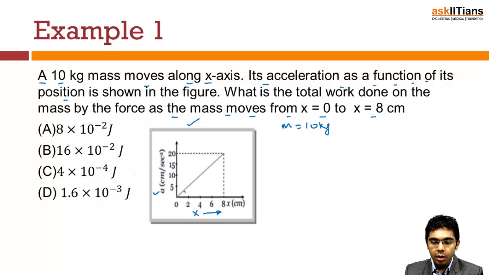So the area under this curve is the area of this triangle, let's say triangle OAB. So the area of OAB will be equal to 1 by 2 into base.